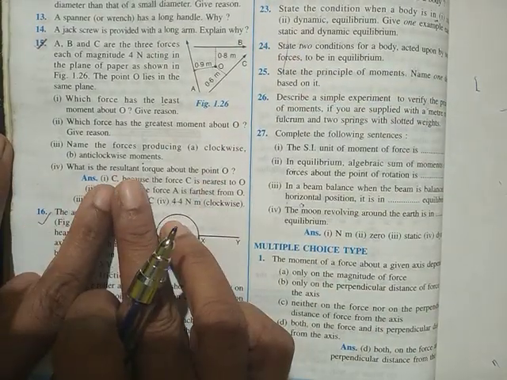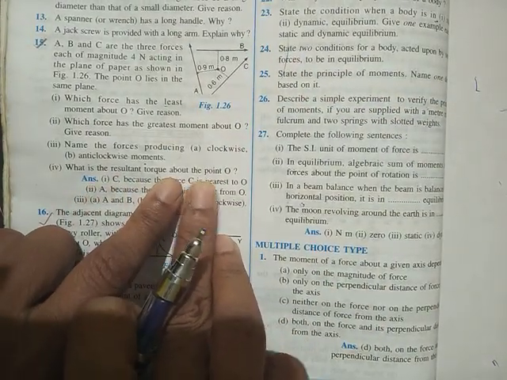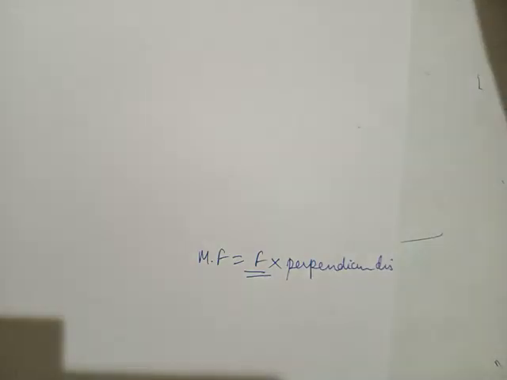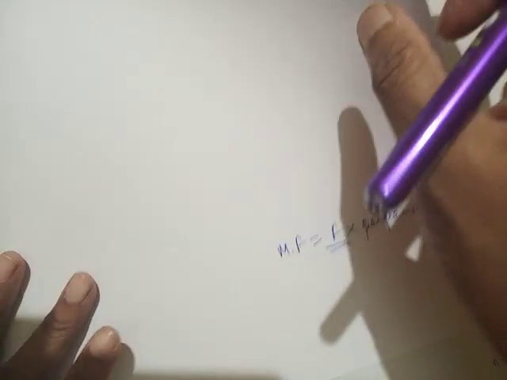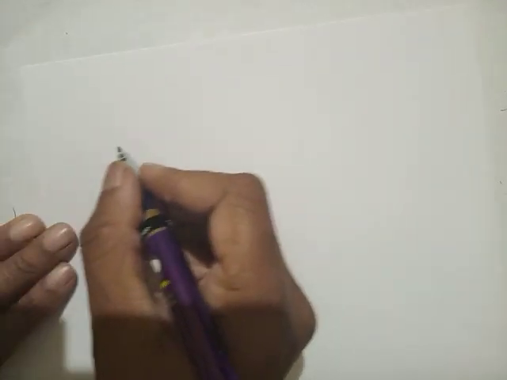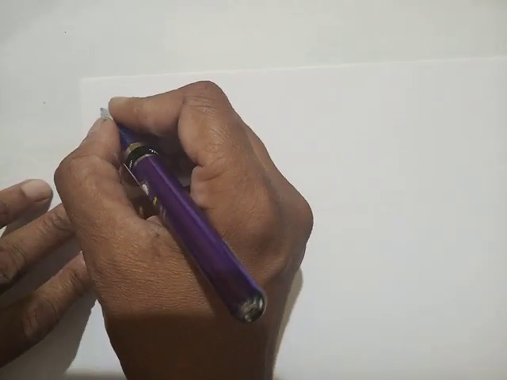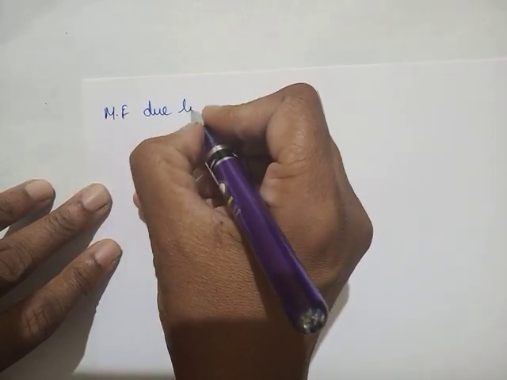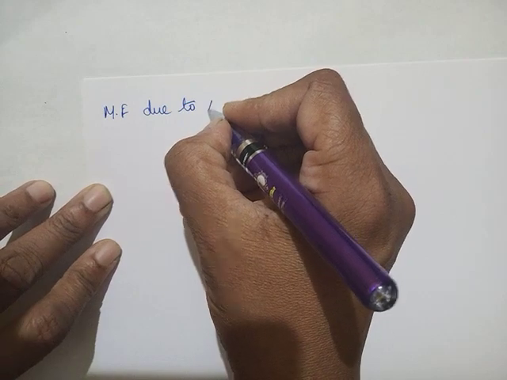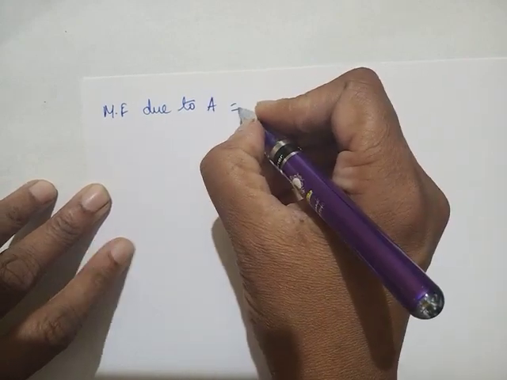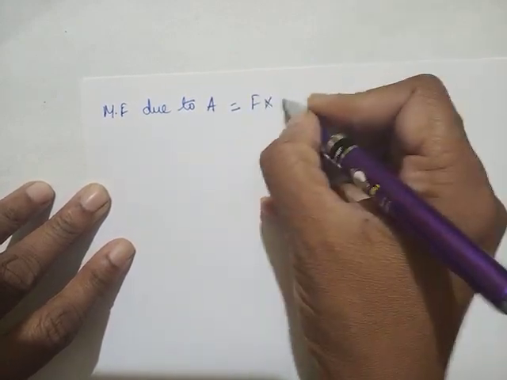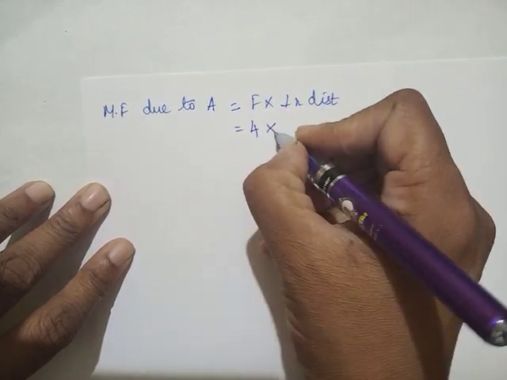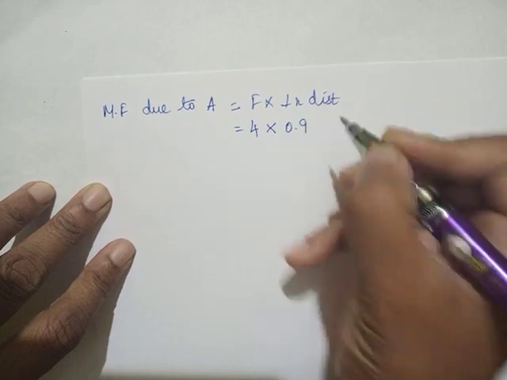Now, what is the resultant torque about the point O? This is very important and you should be able to solve it. So what is the moment of force due to force A? Moment of force due to force A will be force into perpendicular distance. Force is given as 4 Newton, perpendicular distance will be 0.9.